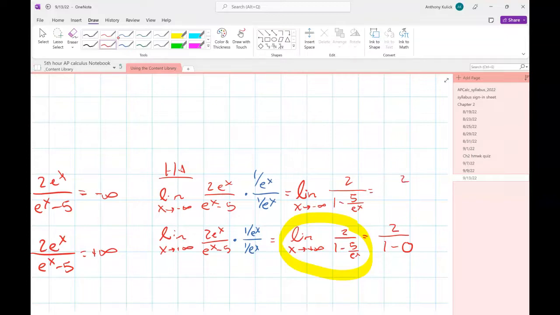If I do the same thing over here, so this is just 2, obviously. If I try to do the same thing over here, what's the limit as x approaches negative infinity of 5 over e to the x?